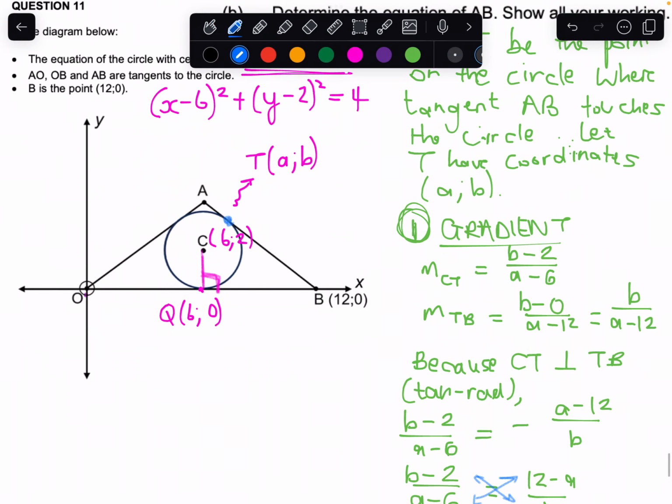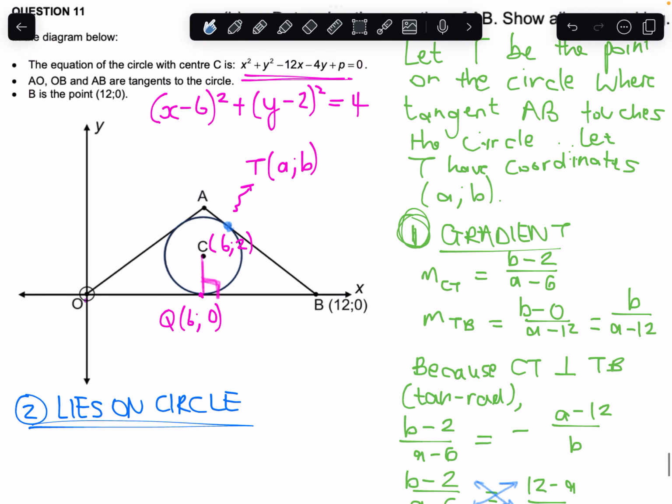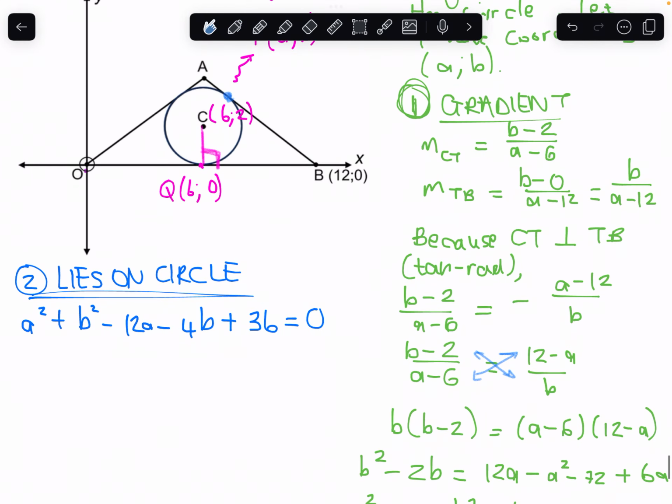So we know that T lies on the circle. So a squared plus b squared minus 12a minus 4b, and P we found to be 36, is equal to 0.